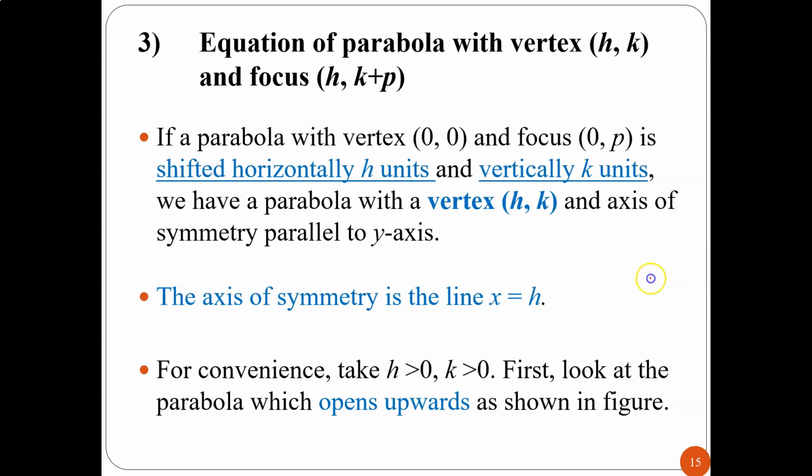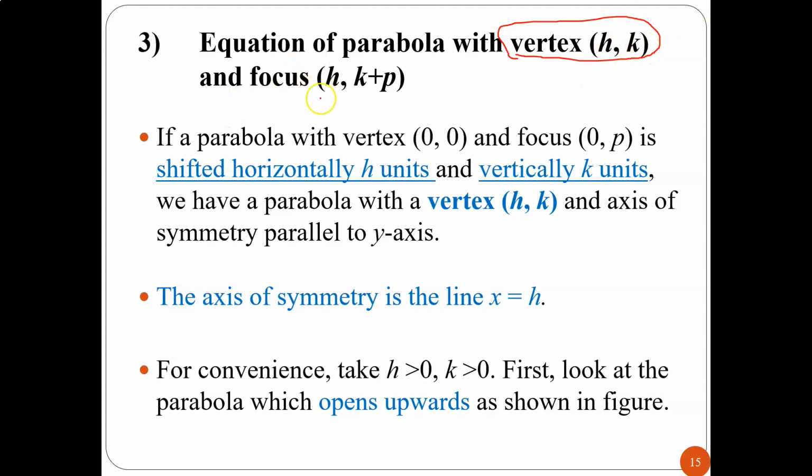And let's see the third situation. Okay, the third case: equation of a parabola with vertex h, k. Can you see that the main difference is that the vertex is no longer 0, 0? Now you have a vertex with values we don't know yet, but we assume them as h and k.